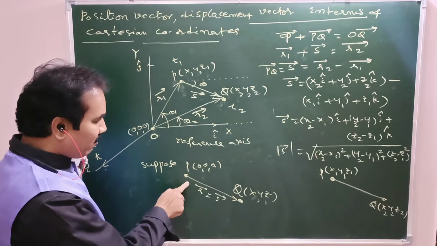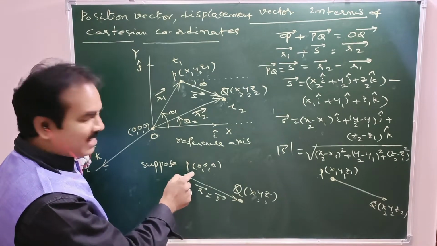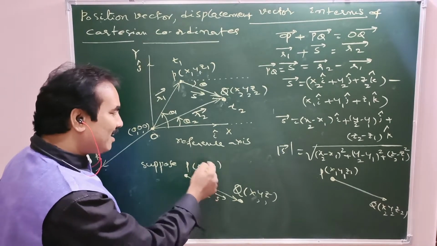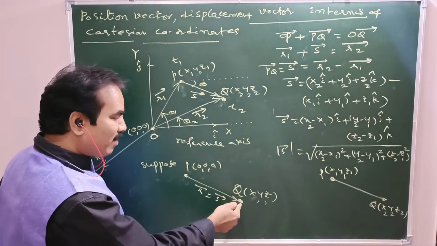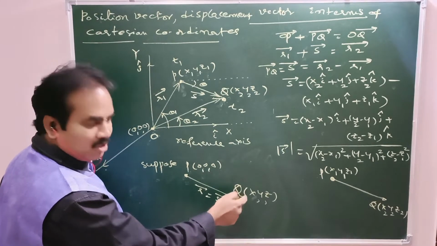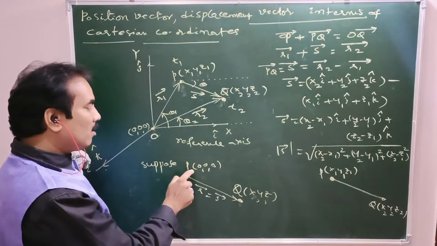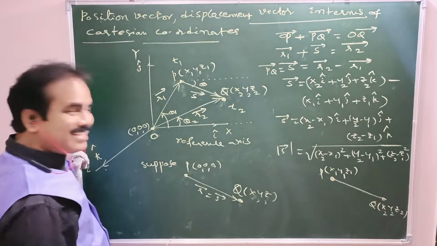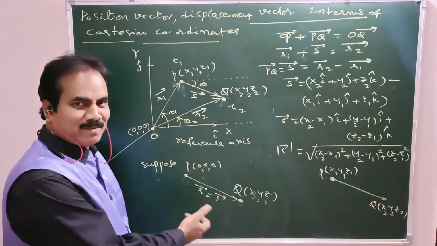Why is it R bar? Because here P is the fixed reference point, since coordinates are taken as 0, 0, 0, with respect to which we are going to determine the position vector of Q, the particle whose coordinates are x, y, z with reference to the fixed origin. That is the reason why the position vector itself is the displacement vector.